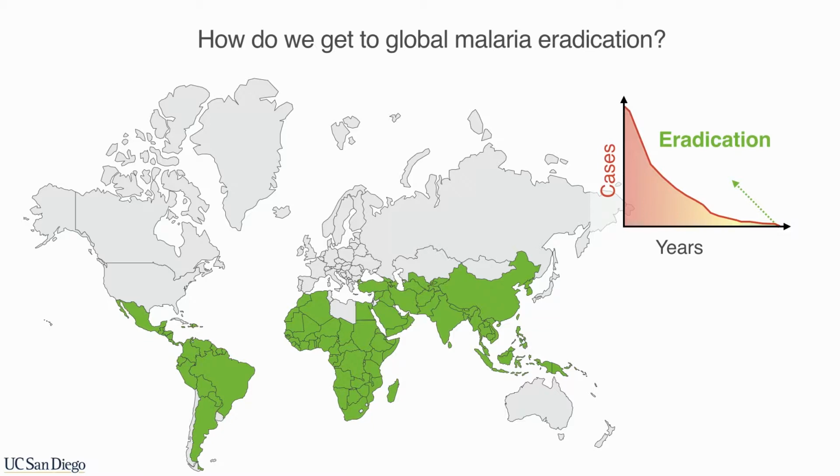But in principle, if you have the tools for local elimination and elimination on the scale of, say, a continent, then you should have the blueprint for how to extend that to eradication. And that was successful in the case of smallpox. And in fact, one of the thorniest and most difficult places to eradicate smallpox, the last place, was India.